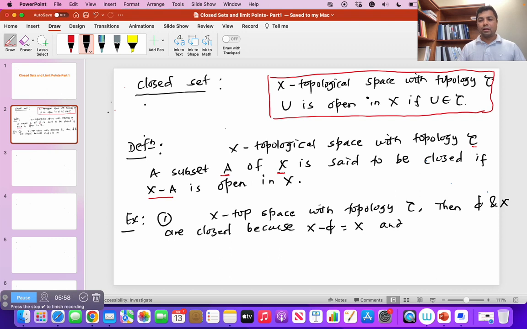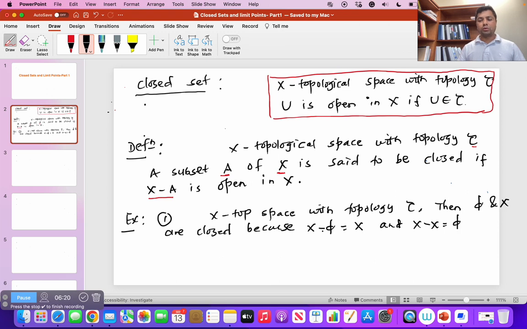And X, we have said that X is also closed. So if X is closed, then its complement X minus X, which is the empty set, has to be open in X, and we know that the empty set is an element of the topology tau, so this is also open.